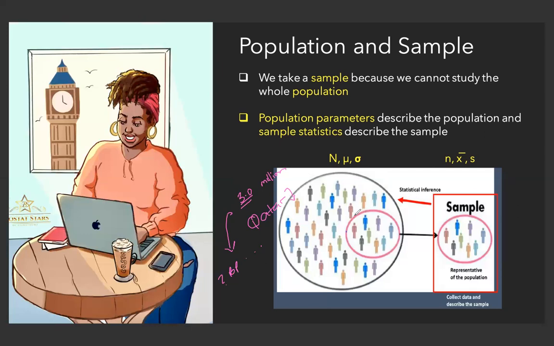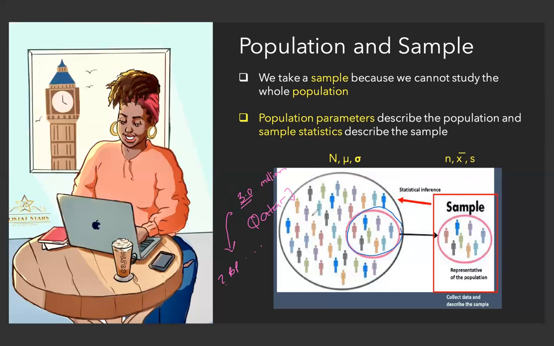So what do we do in that case? Well, since we have this population and we cannot study everyone in it because there are too many people, how about we just take a few people? Whatever research we wanted to do on the whole population, we're going to do it on this smaller group of people that we took from the big population.